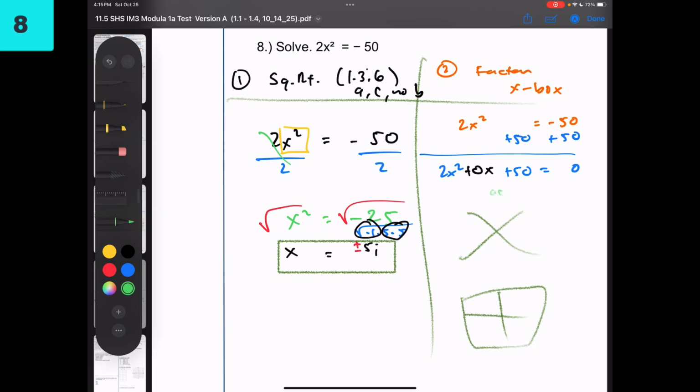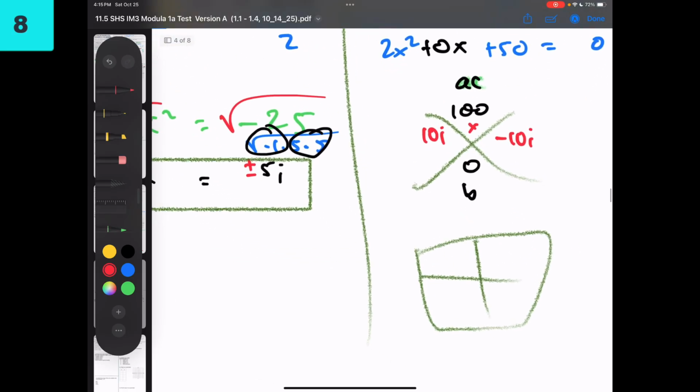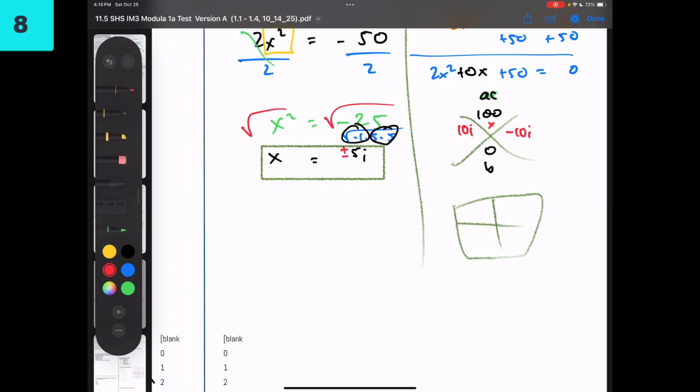Okay, so a times c is 100, and your b value is 0. Okay, your two numbers are going to be 10i and -10i. If you multiply those, you'll get -100i squared. i squared is -1. And you get positive 100. And if you add those, you get 0.